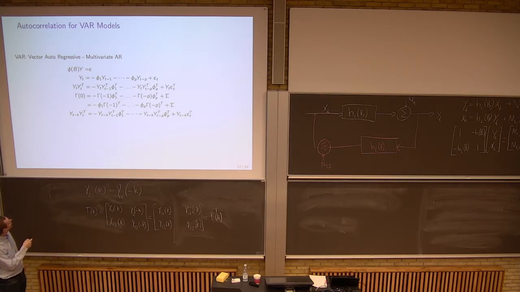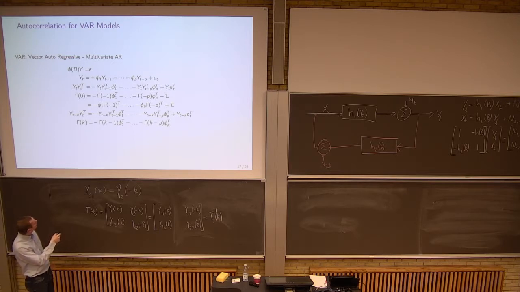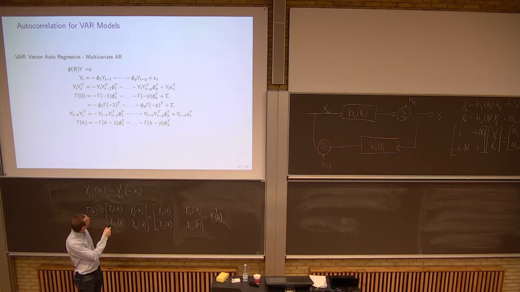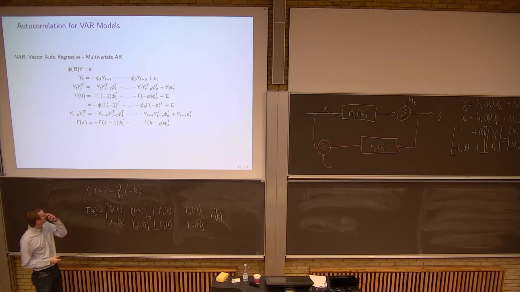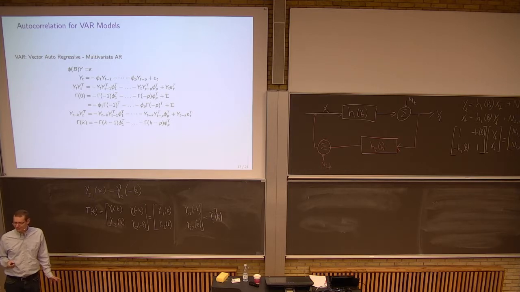The first one is easy, gamma of k. Then I have gamma of k minus 1 on phi 1 down to gamma of k minus p. That's the time difference, times phi of p transposed. Now, that I can do for any k.